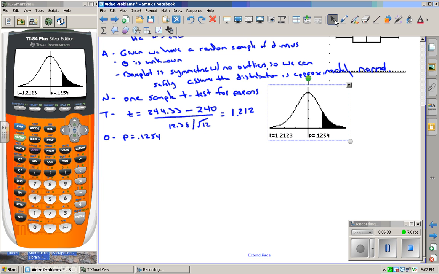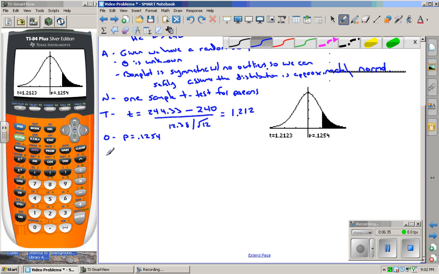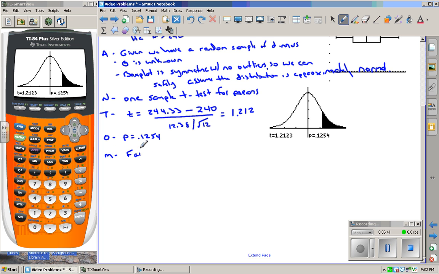Okay, then we're almost done. Next up, we need to make a decision. Well, with that large of a p-value, we are going to fail to reject. And then finally, make a statement.